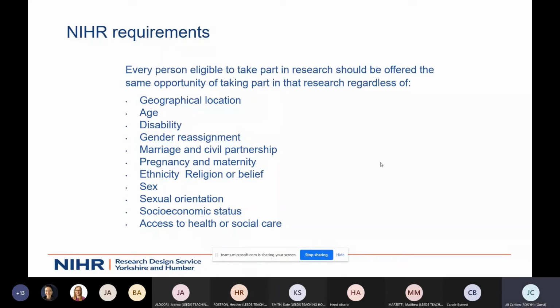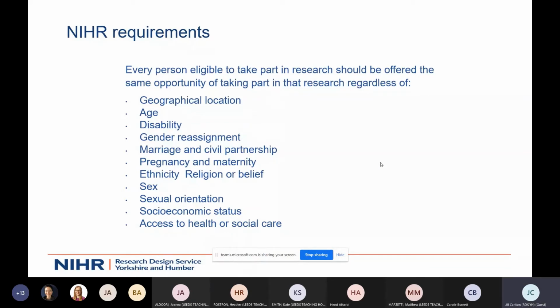Basically, what reviewers will be looking for is to ensure that your project is really and truly open to all. Have you considered everything such that you're allowing people who are interested to participate, irrespective of particular characteristics, including the ones listed on the slide there?